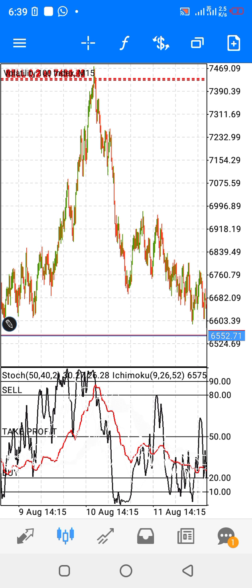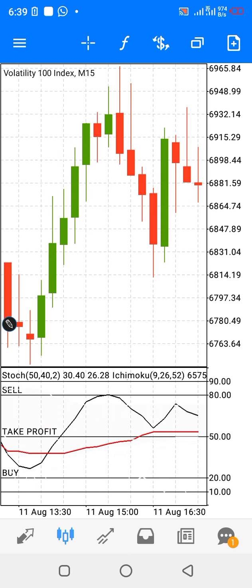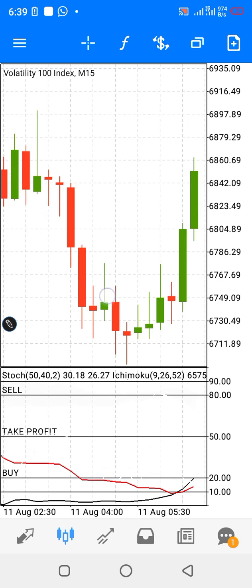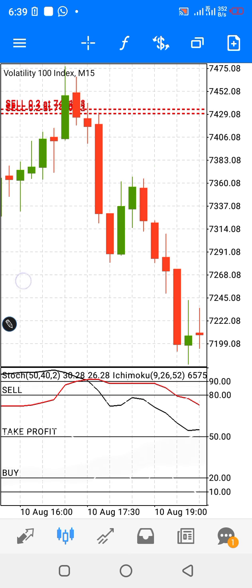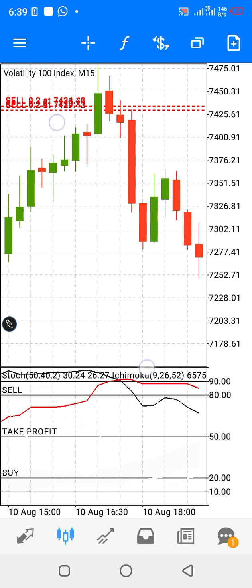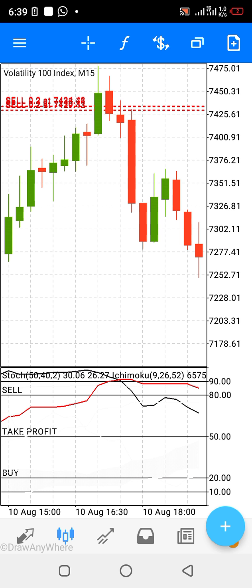So if you enter a trade, let's say you have $20 and you enter. Let's check this one for instance. Now look at this candle.